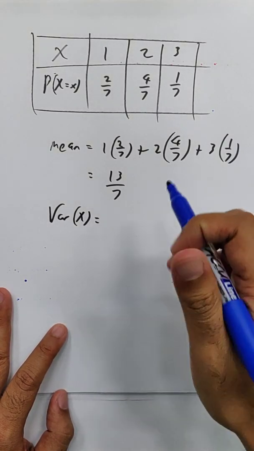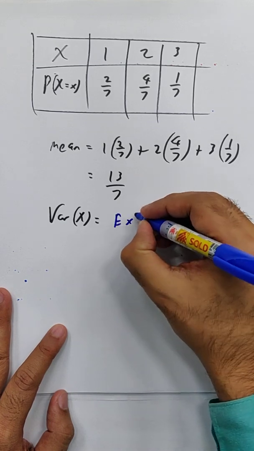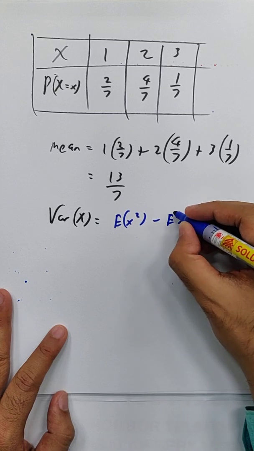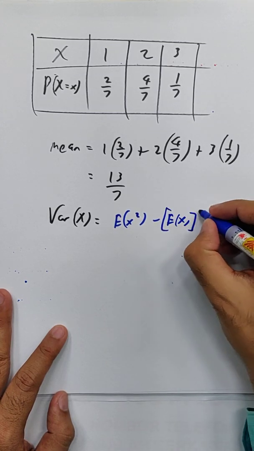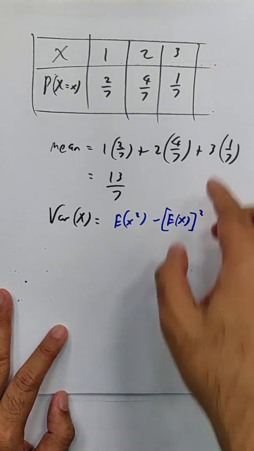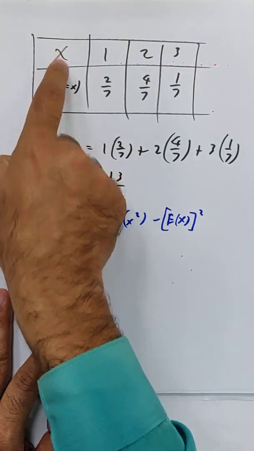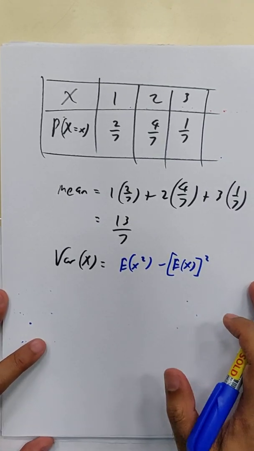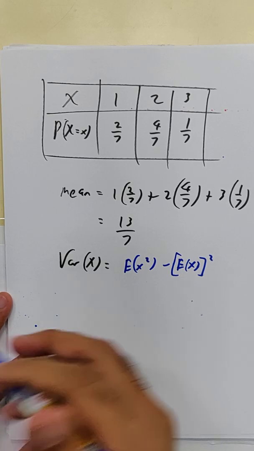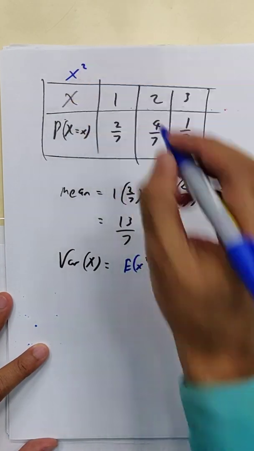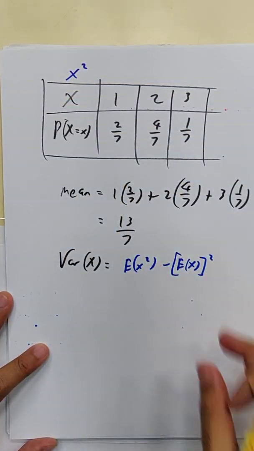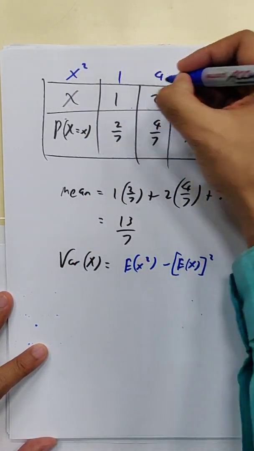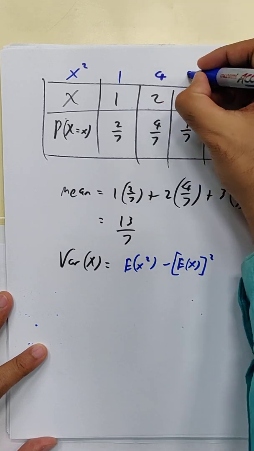Right, so how do we use that formula? This is the x, this is the probability. We need one more, x squared. Normally, I'll manipulate the table, so 1 squared, 2 squared, 3 squared, 9.